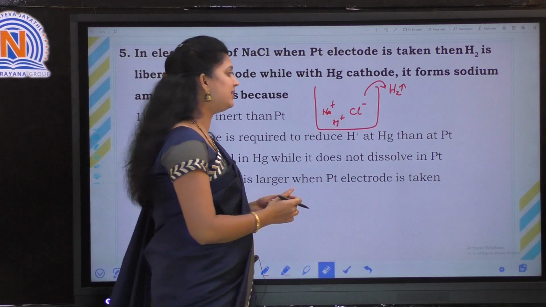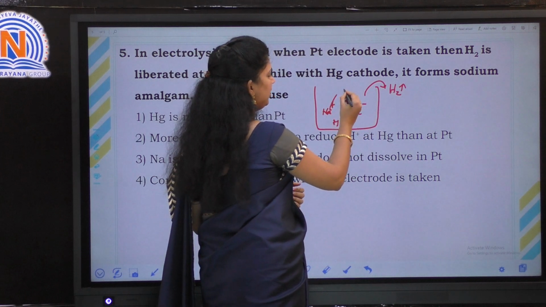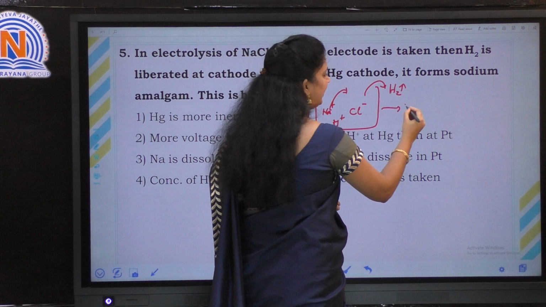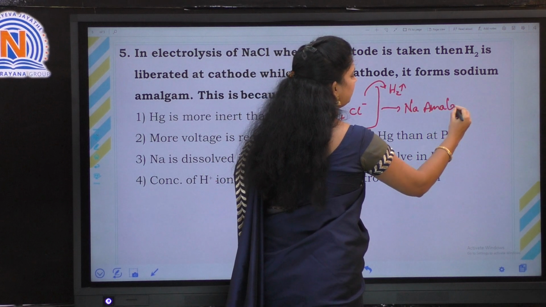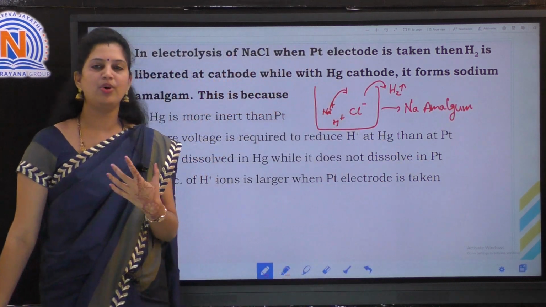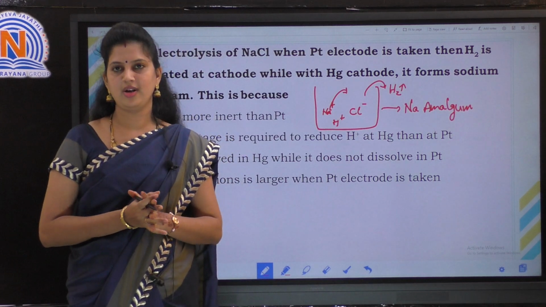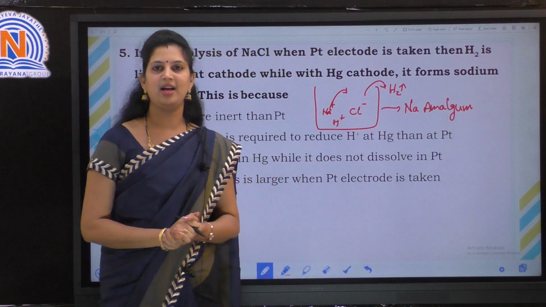So due to that reason, usually hydrogen should go and deposit, but here sodium ions will get deposited on mercury, so that we will get sodium amalgam as a product. So we can say as more voltage is required to make hydrogen get deposited on the mercury electrode, that's the reason we will get sodium amalgam as a product.